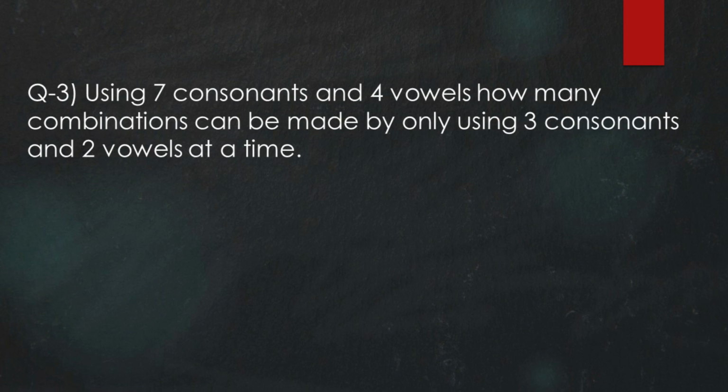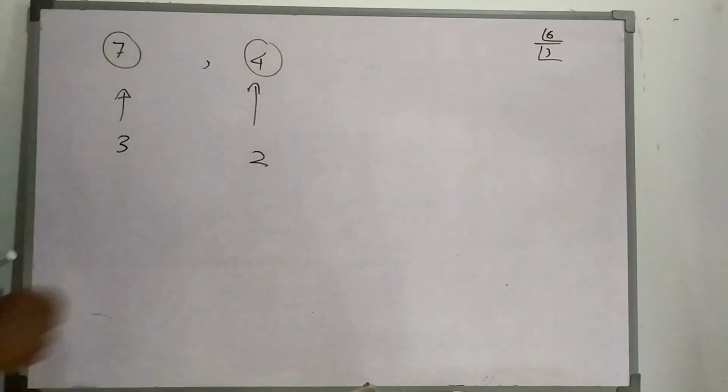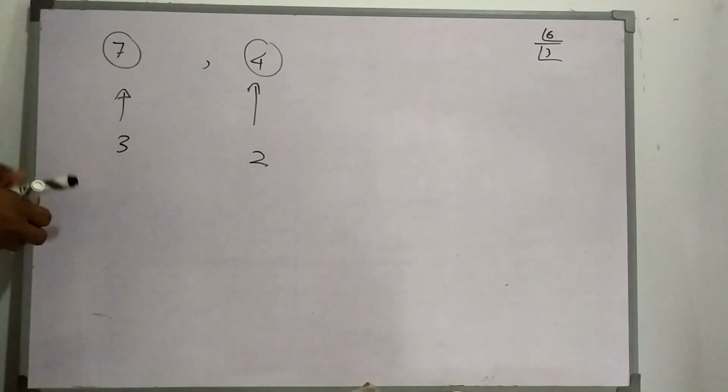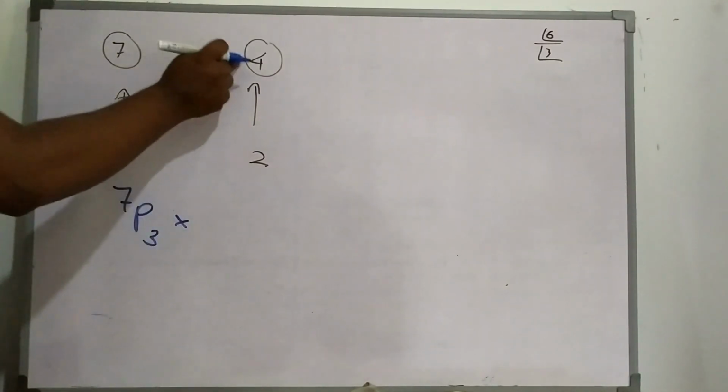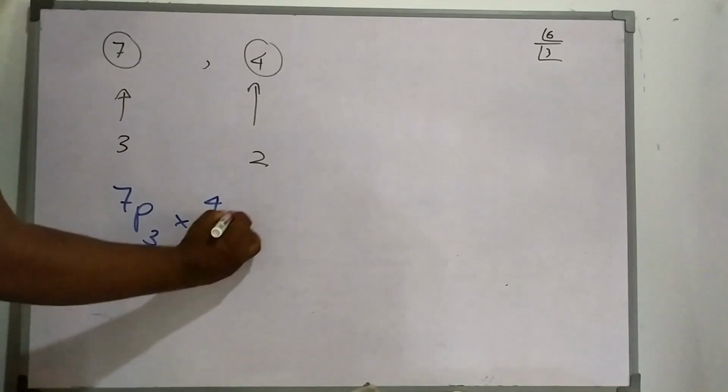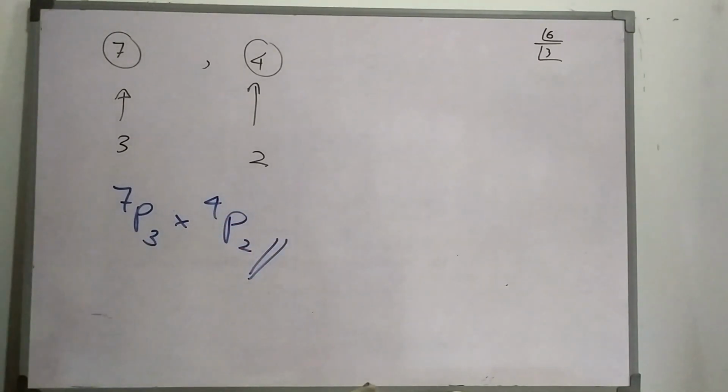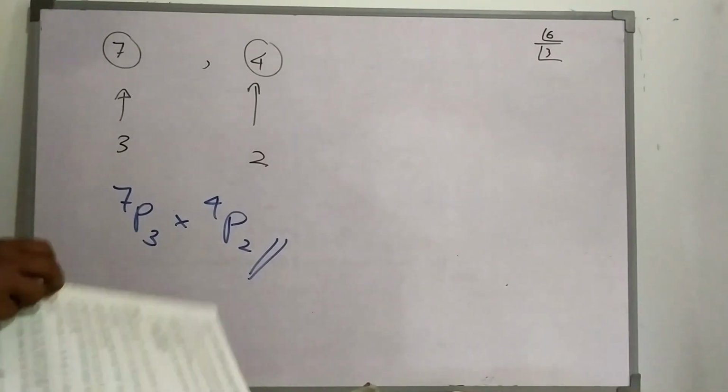So 3 consonants and 2 vowels, right? We have 7 consonants and have to use 3, and 4 vowels and have to use 2. 7P3 is suitable for the consonants and 4P2 for the vowels. So the answer is the multiplication of both.